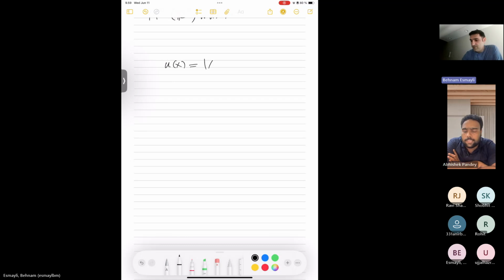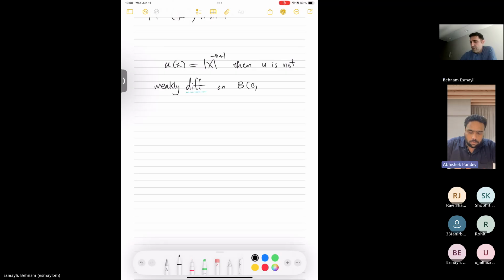If you take this function with exponent minus n plus 1, then U is not weakly differentiable. And remember, weakly differentiable is with respect to Lebesgue measure, because the gradient of this wouldn't be locally integrable on any ball that contains the origin.